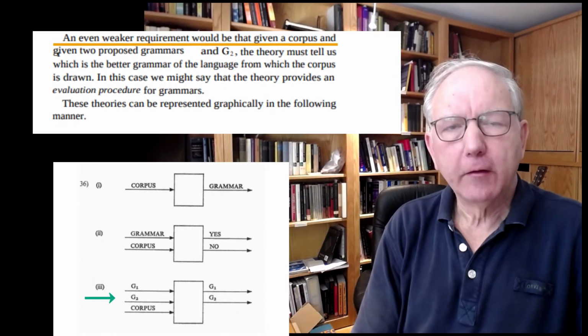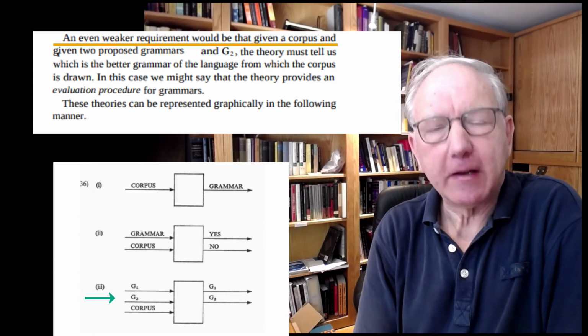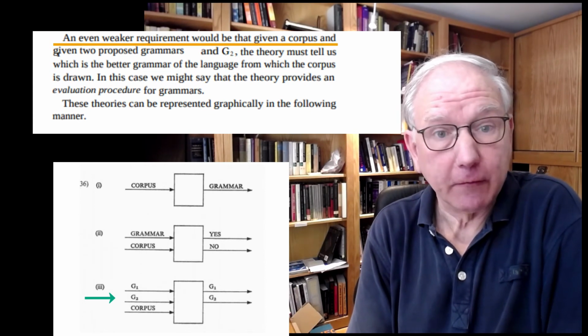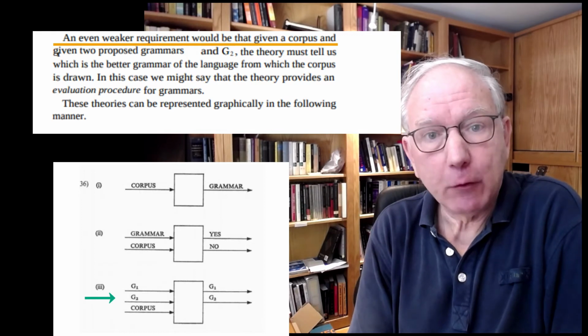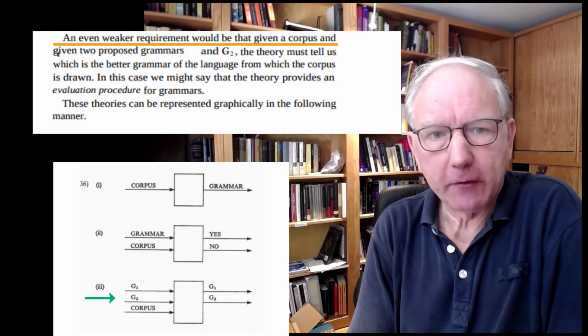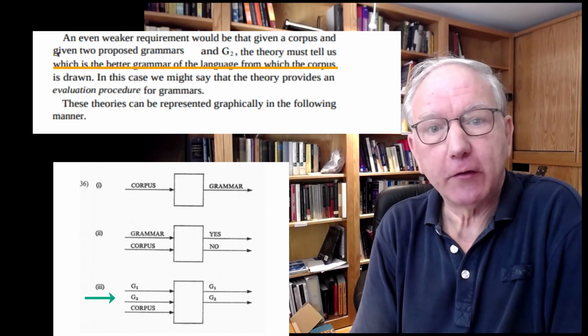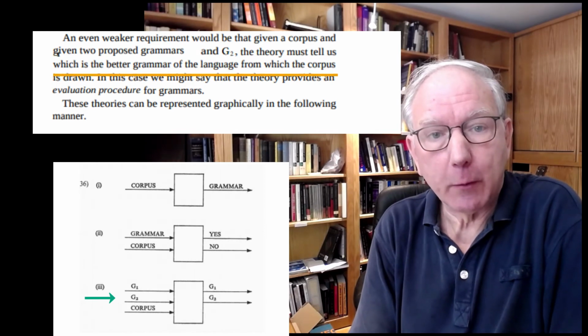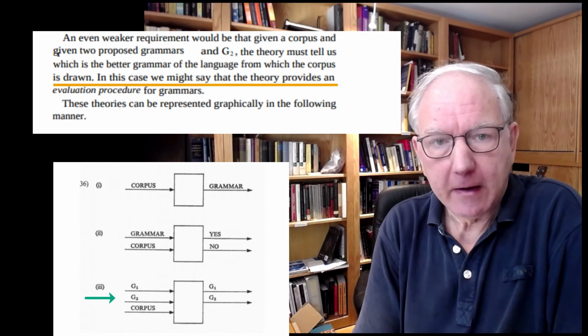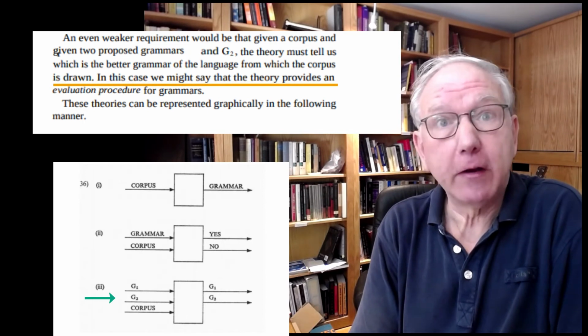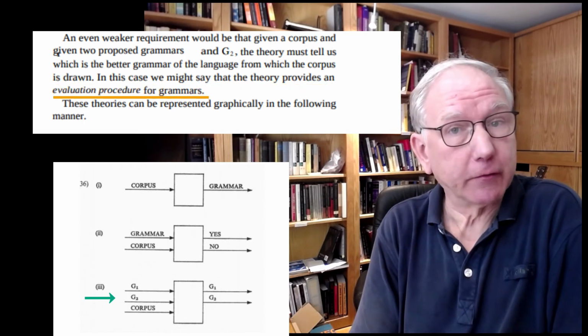So there we are. So let's just finish this citation from Chomsky's Syntactic Structures, 1957. And he writes, an even weaker requirement would be that given a corpus and given two proposed grammars, G1 and G2, the theory must tell us which is the better grammar of the language from which the corpus is drawn. In this case, we might say that the theory provides an evaluation procedure for grammars.